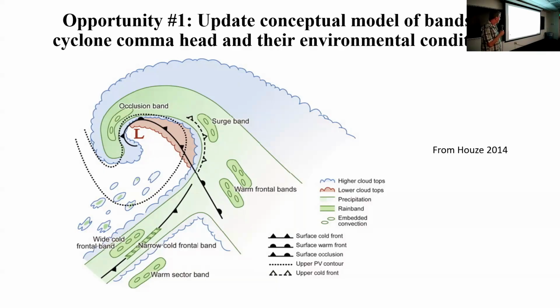All it has is this occlusion band to the northwest, which you can consider as the big primary band we saw in that animation, and a little surge band, but there's not much going on in the comma head north of the cyclone. There just weren't a lot of observations and thinking about what's going on there. So we wanted to improve on this conceptual model with this sort of project.